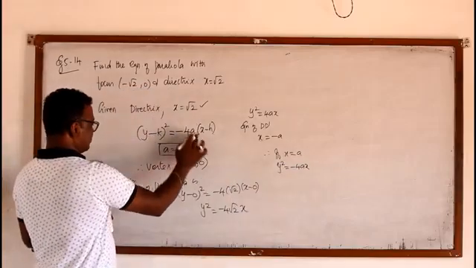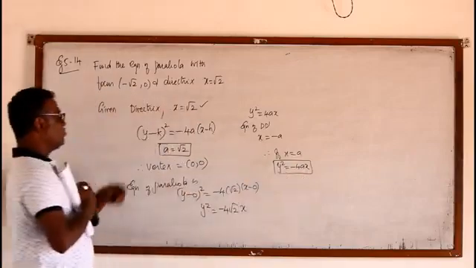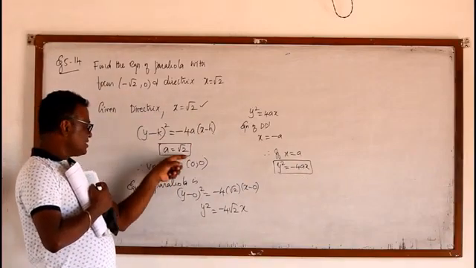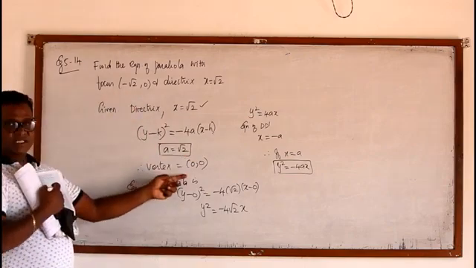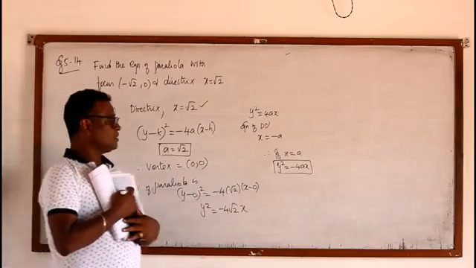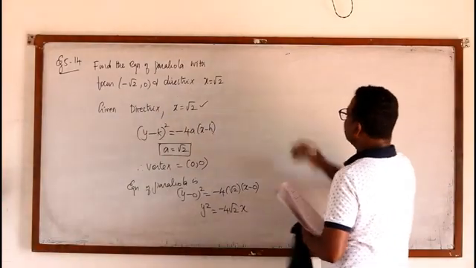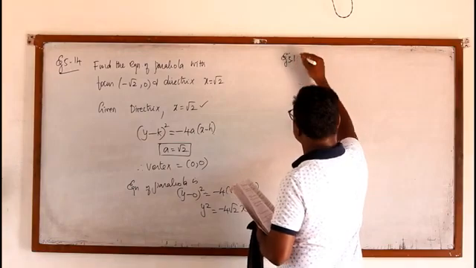Don't write it as y minus a the whole square equal to minus 4 into x minus a. Here a takes the value root 2, and there is nothing about the vertex, therefore the vertex is 0, 0, so we substitute h as 0 and k as 0. So this is our first example. Similarly, the second example, example 5.15.